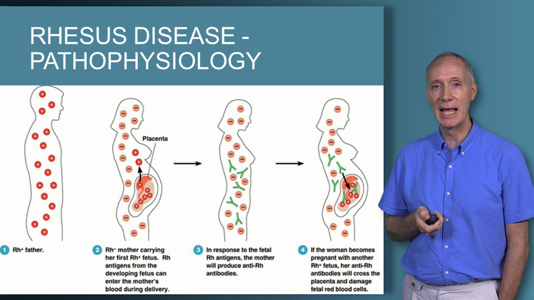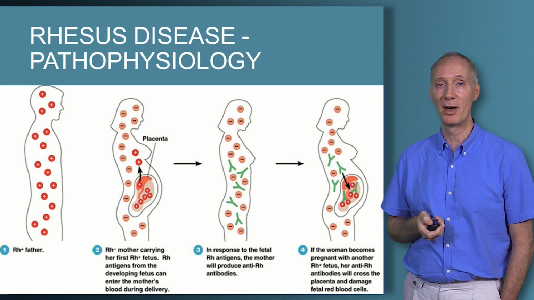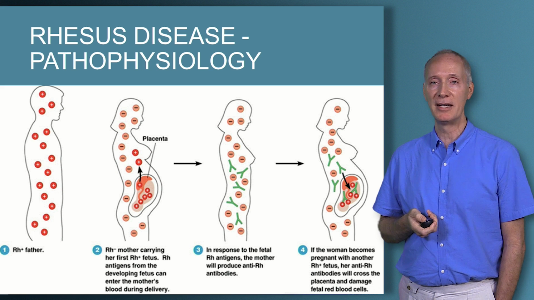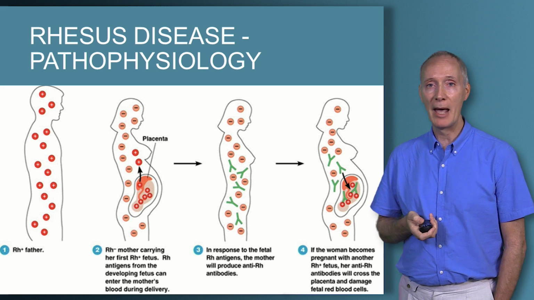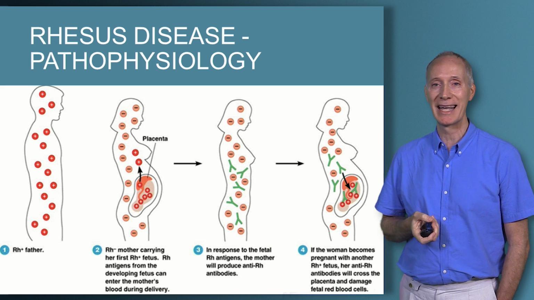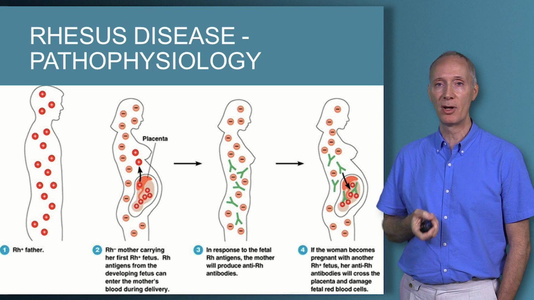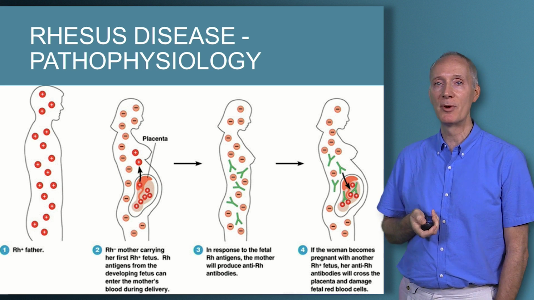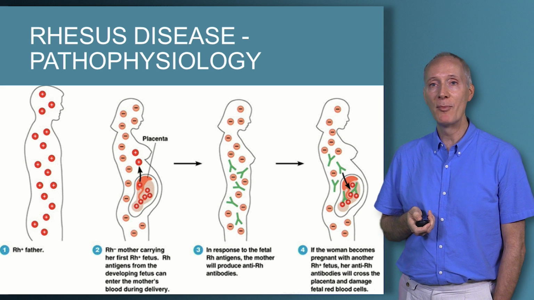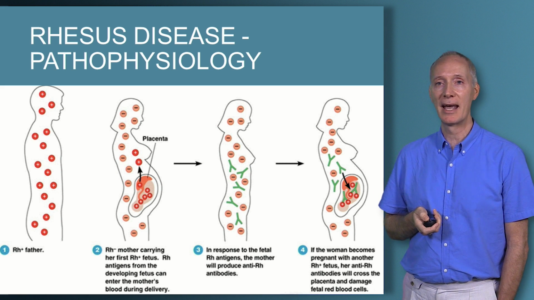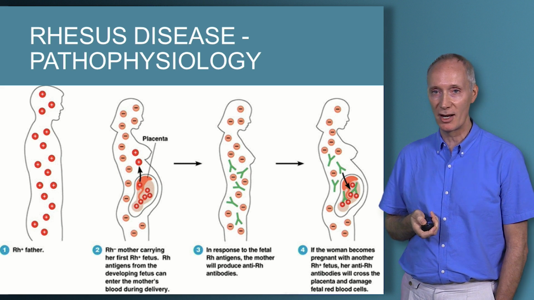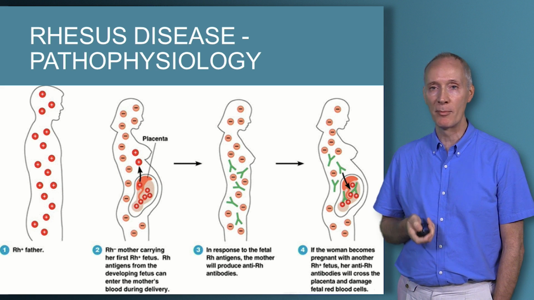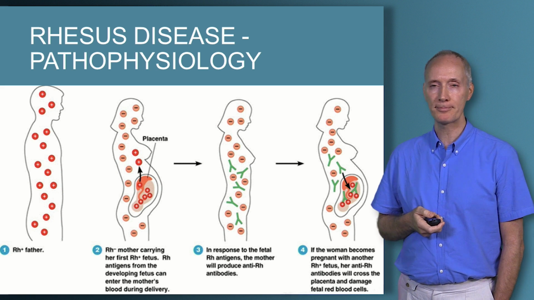Because what happens is that the immune system of the mother will recognize the red blood cells of the fetus as foreign and will start to make antibodies against rhesus positive blood. These antibodies will stay with the mom, and when she becomes pregnant again of a rhesus positive child, these antibodies can cross the placenta from mother to fetus.